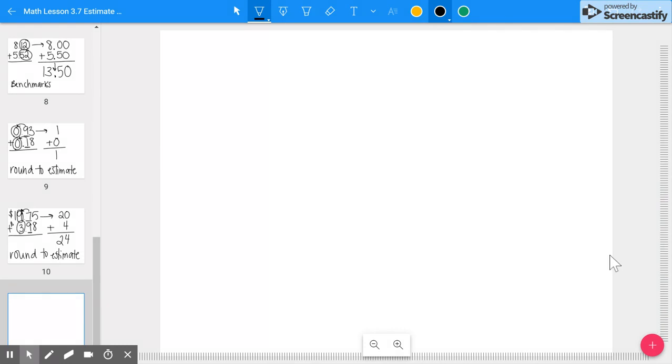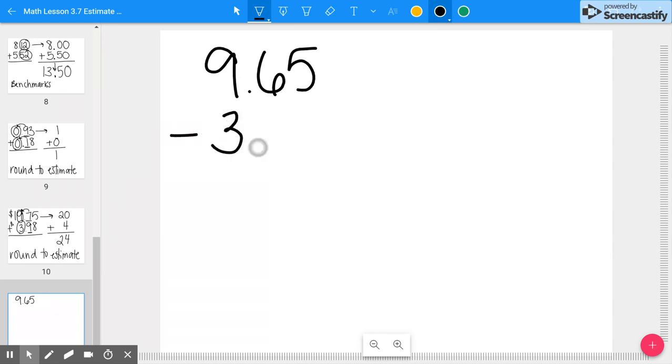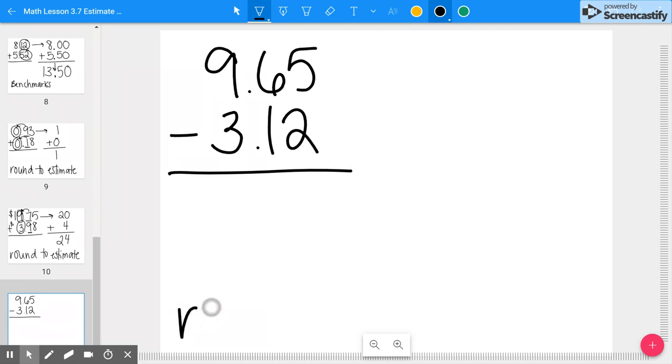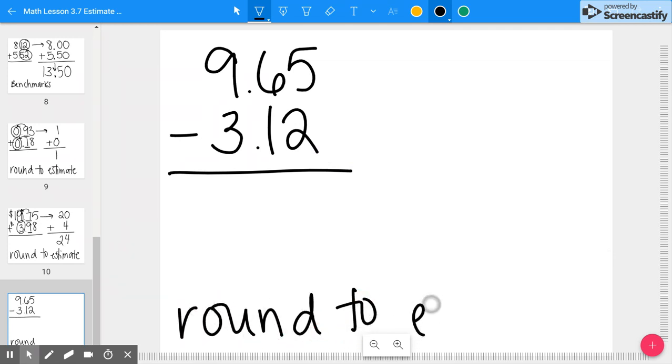Let's look at one last one. If I have 9 and 65 hundredths minus 3 and 12 hundredths, and my directions say to round to estimate, I'm focusing on the whole number.